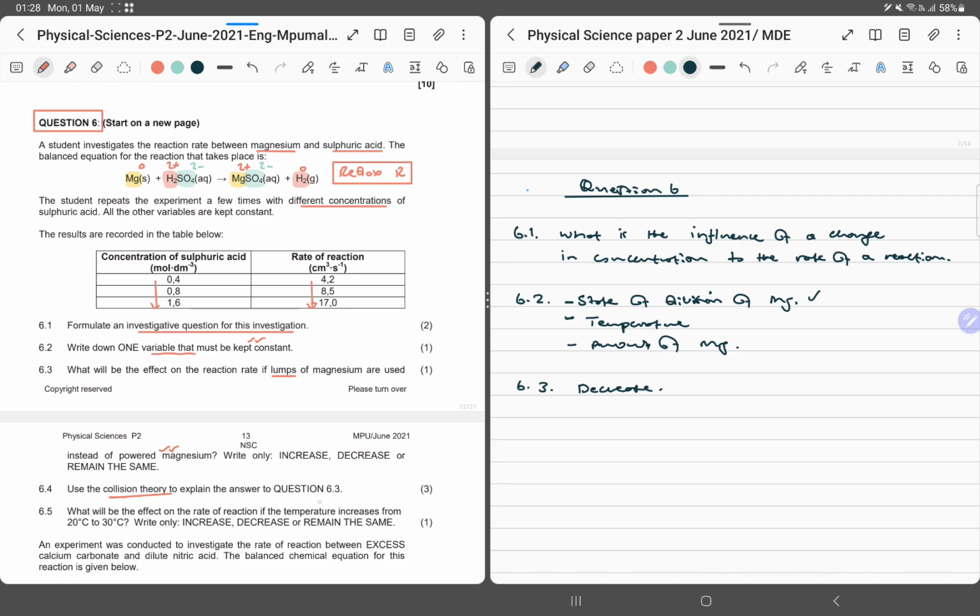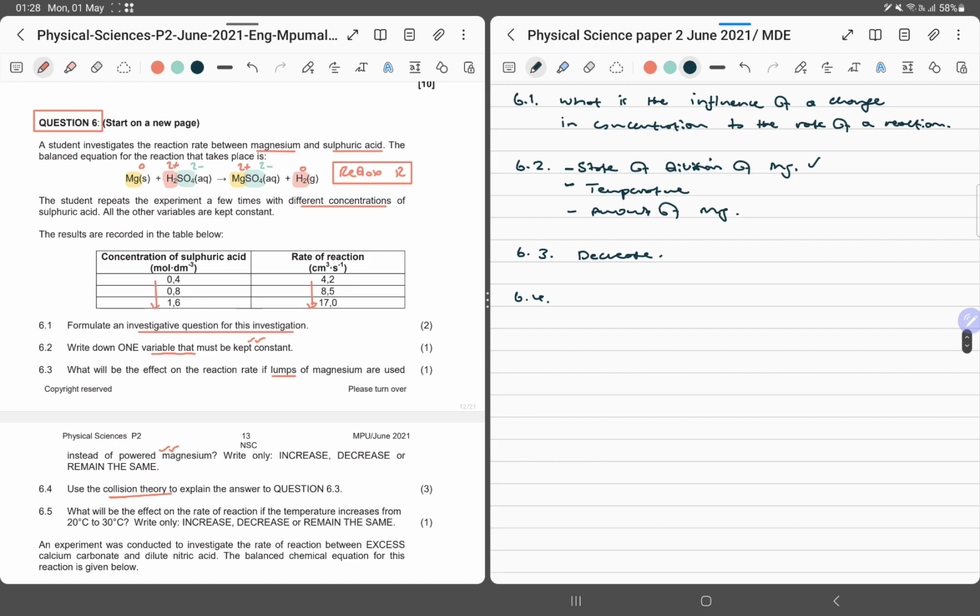Well, we know that the magnesium rod will have a smaller surface area for its particles to collide with particles of the acid.